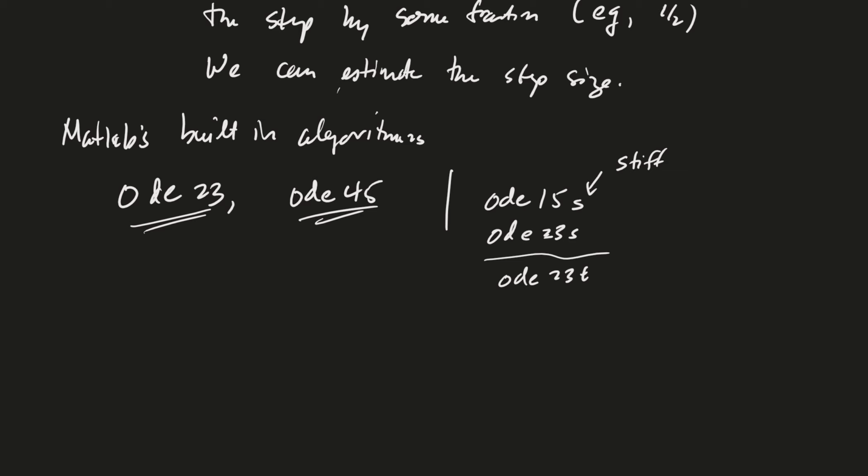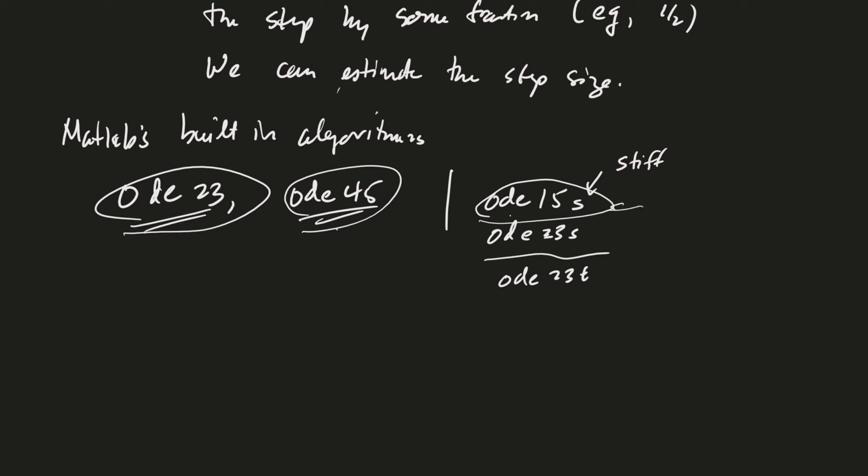I would always start with ODE 2.3, and you might double check it with a higher order method like ODE 4.5, just to see what kind of solutions you're getting. And if it looks like you're going to need something more in depth, then you might try the ODE 1.5S just to see. This is going to take a lot of work, you can see, you're comparing order 1 to order 5, and so there's a lot of computation under the hood there.